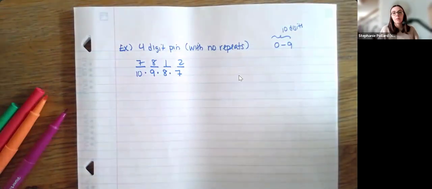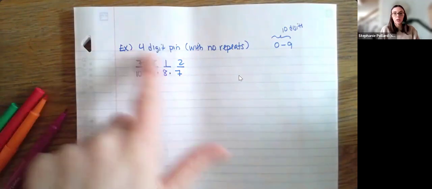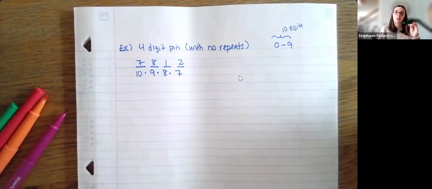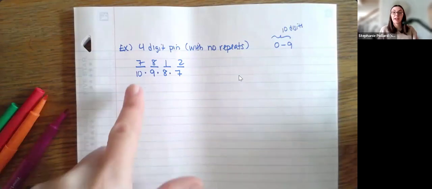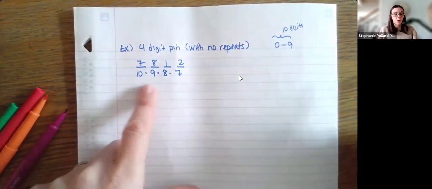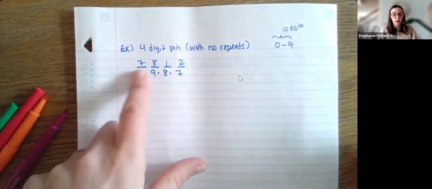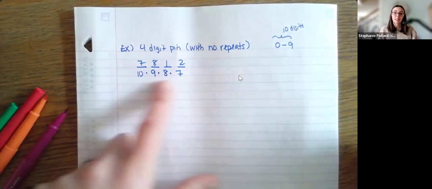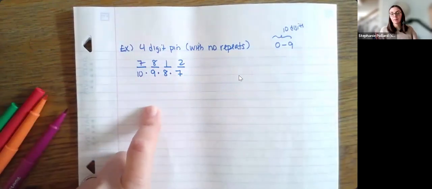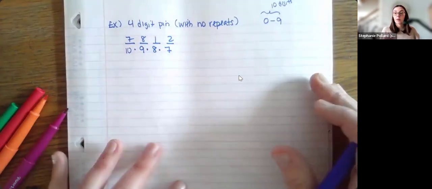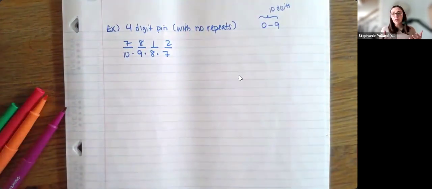Okay. We can't quite do this one using the combinations we just did, like n choose r, because order actually does matter here. So the order of the PIN 7812 is not the same PIN as 7128. So actually there's a different formula for that called a permutation, which is very, very similar. It also uses factorials. So we're not going to worry about that today, but do know that there are lots of applications with factorials here.